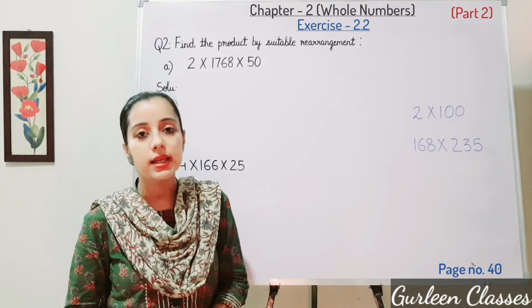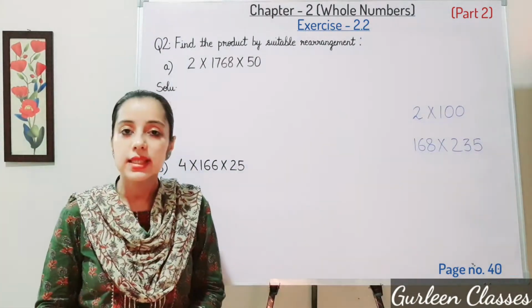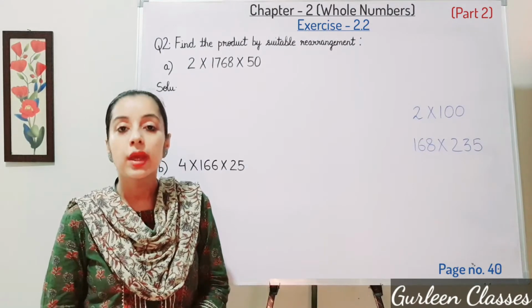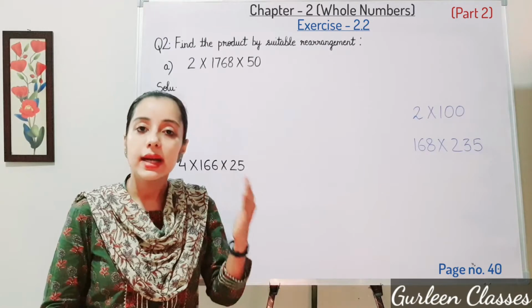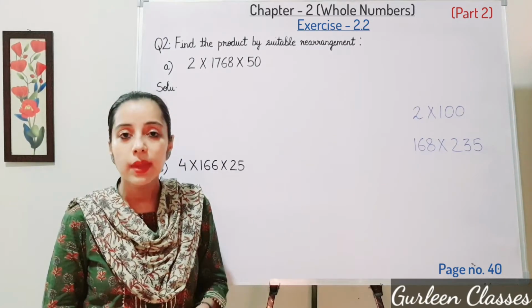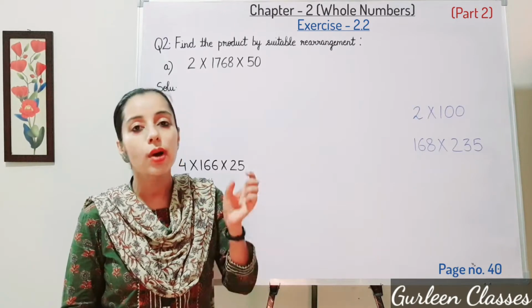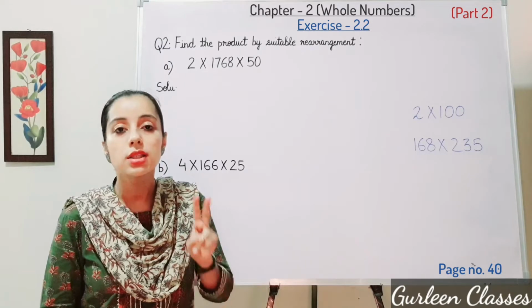So same like this, let us do part A. 2 into 1768 into 50. You have to make a pair accordingly, which you multiply, so that at last 0 should come. As we have done in case of addition, आपने pair बनाए थे. If you are adding, at last 0 came. Similarly here, two numbers you will take.